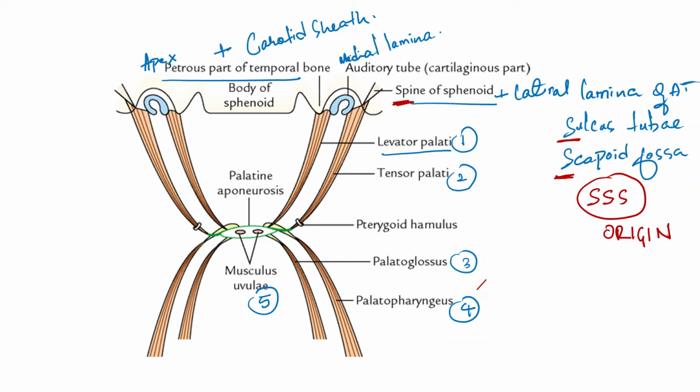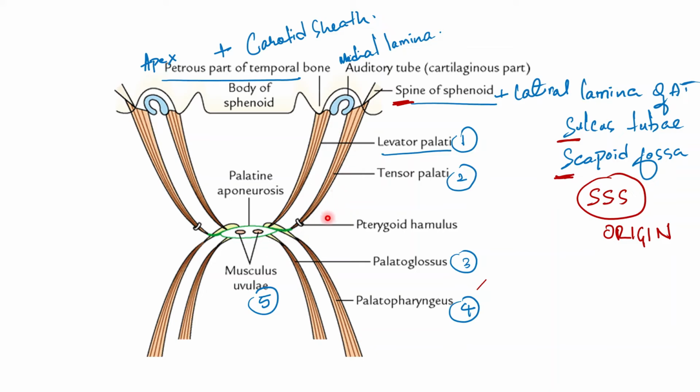Moving on to the insertion of the tensor palatini muscle. This muscle gets inserted onto the palatine aponeurosis after passing through the origin of the buccinator muscle. The insertion of the tensor palatini muscle is over the palatine aponeurosis on either side.